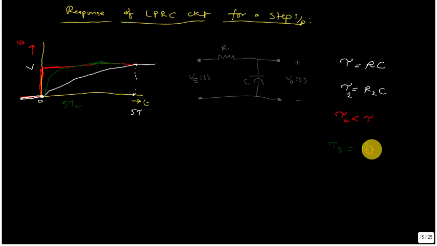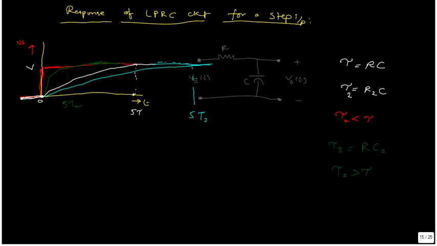Tau 3 is nothing but R into C2, for example, some other C value. So for this tau 3, if it is greater than tau, the first case, the white color case, it takes even longer time. So the output response takes a longer time to reach the final value. So this will become 5 tau 3.